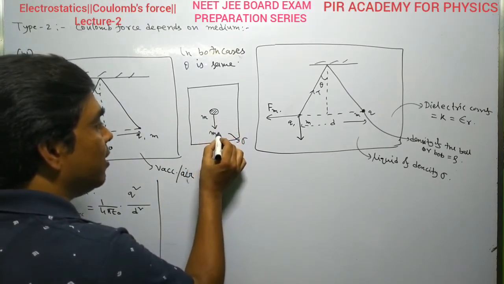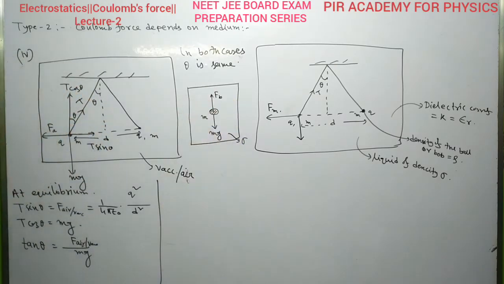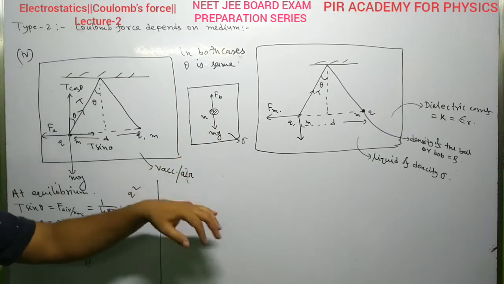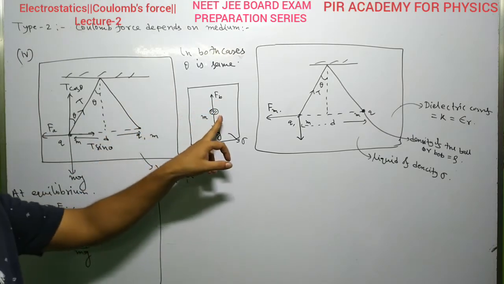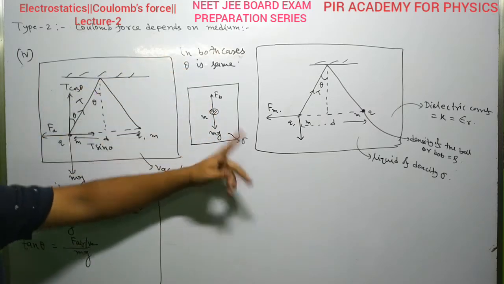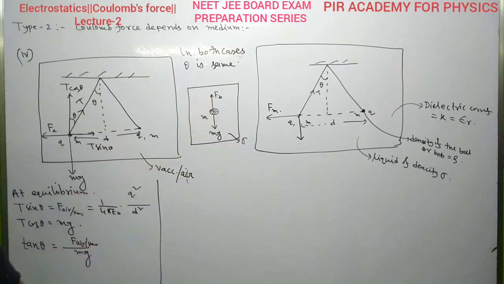Along this direction is mg and along this direction is the buoyancy force. If I immerse a body in a liquid, then two forces act on this ball. One is the weight of this ball and another is the buoyancy due to the liquid.